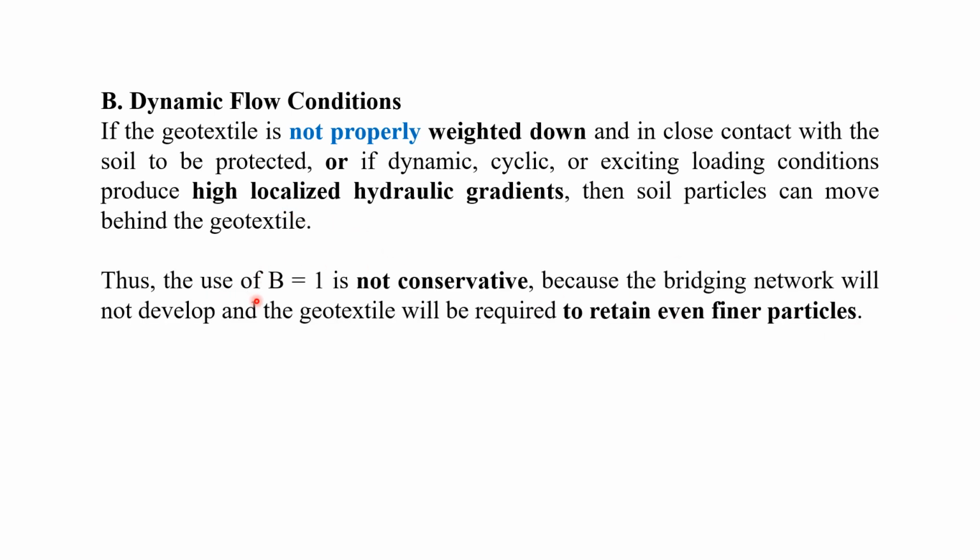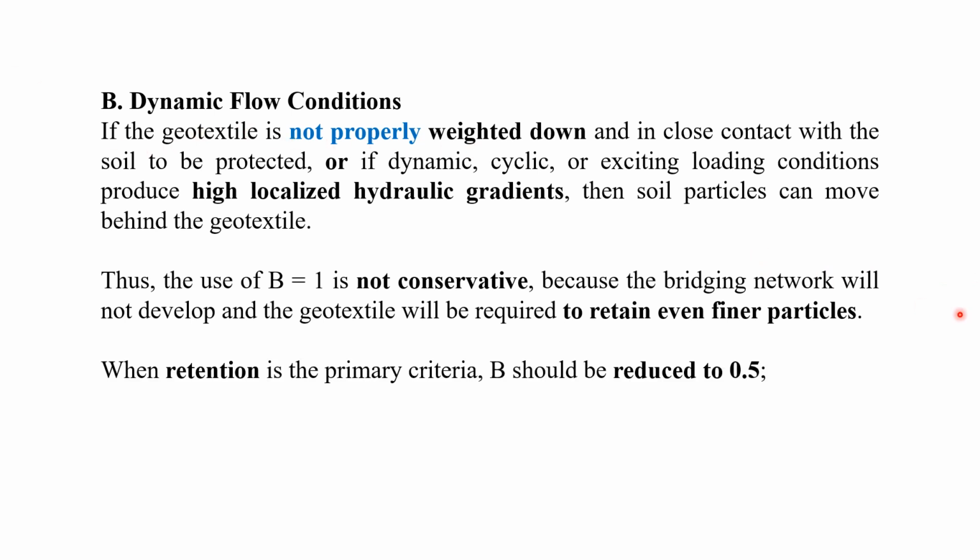Thus, the use of B equal to 1 is not conservative, right? If you use B equal to 1, it will not be considered conservative because the bridging network will not develop, and the geotextile will be required to retain even finer particles.